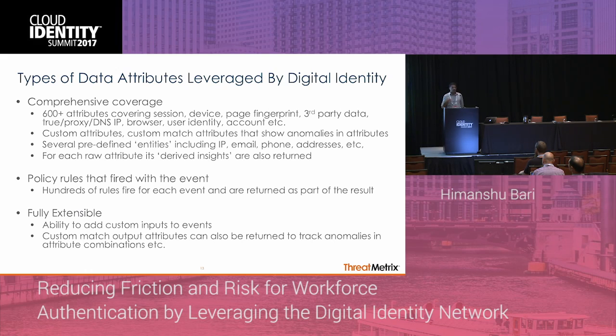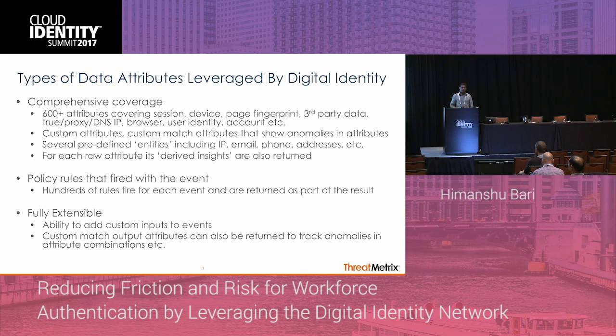And it's not just those attributes, but there are derived intelligence attributes around them: the assertions that we've seen, the history, the risk score around those, when we first saw it, when we last saw it, the velocity, the age of that behavior, any anomalies that we've seen around attributes. That entire rich data set is returned to you. There are a lot of different things that you can do with that data set, but that basically forms the crux of our risk decisioning engine.